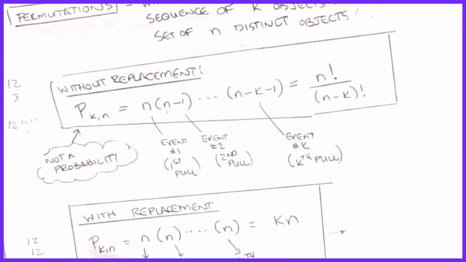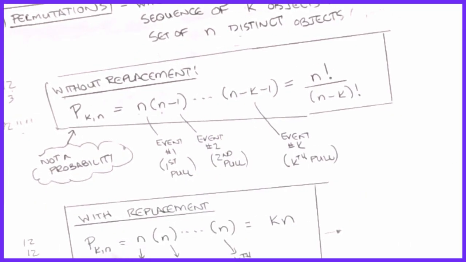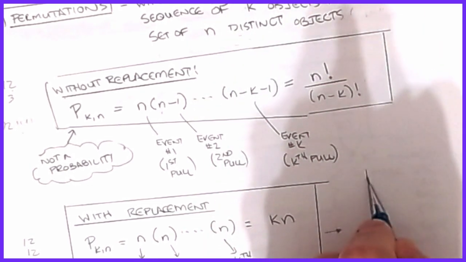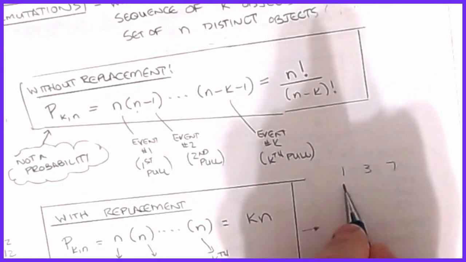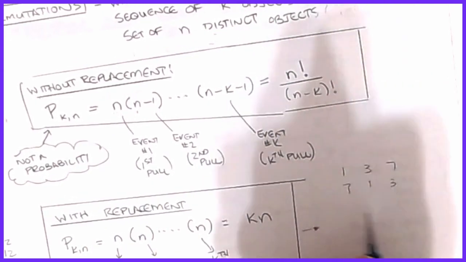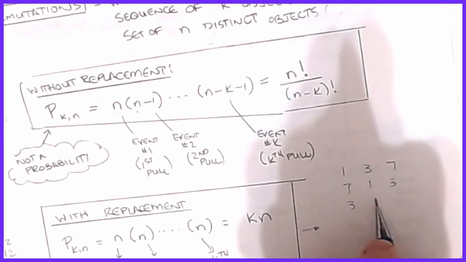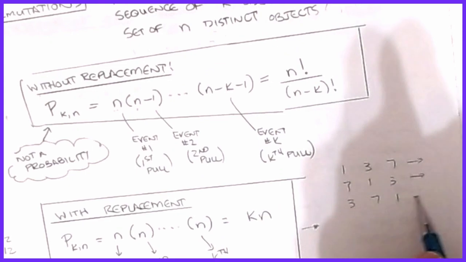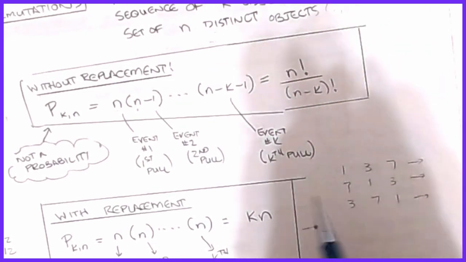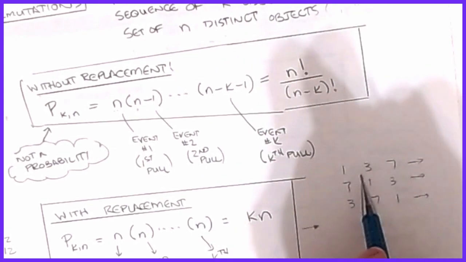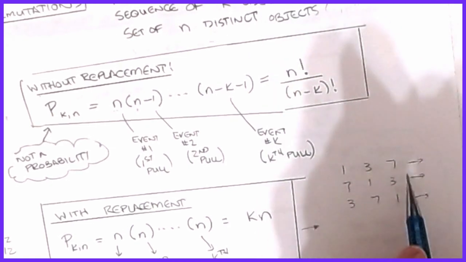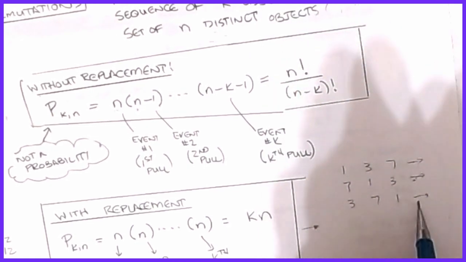So the idea in this particular case is that if I say I pulled the numbers 1, 3, and 7, and then I turned around and pulled 7, 1, and 3, or 3, 7, 1, these are considered, even though I ended up with the same 3 in the grouping at the end, the case where order matters, that this one is different than this one is different than this one.